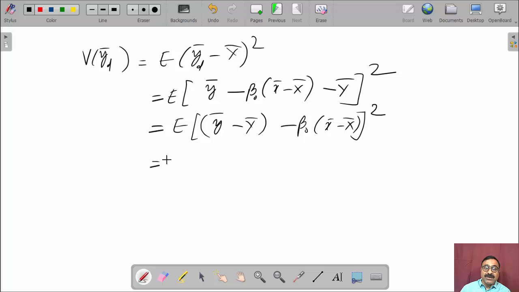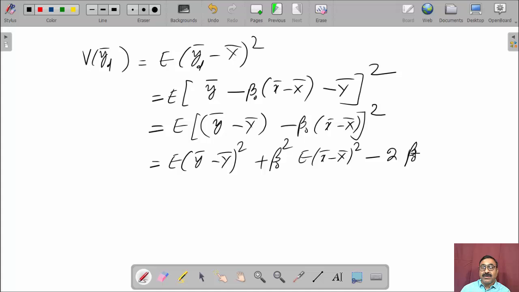Now that is equal to the expectation of small y bar minus capital Y bar whole square, plus beta 0 square times the expectation of small x bar minus capital X bar whole square, minus 2 beta 0 times the expectation of small y bar minus capital Y bar into small x bar minus capital X bar.